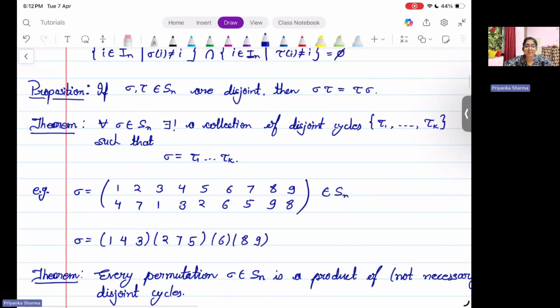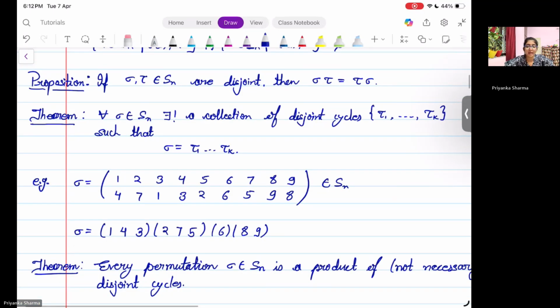Now, there is an interesting proposition that if we have two disjoint permutations in Sn, then they will commute with each other. Using this proposition, we have a theorem which says that every permutation in Sn can be written as a product of disjoint cycles.